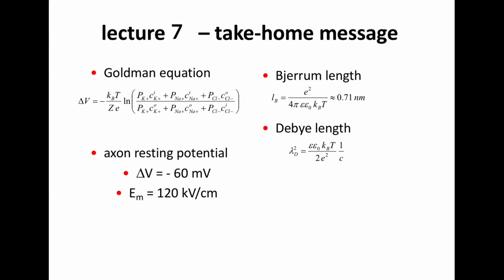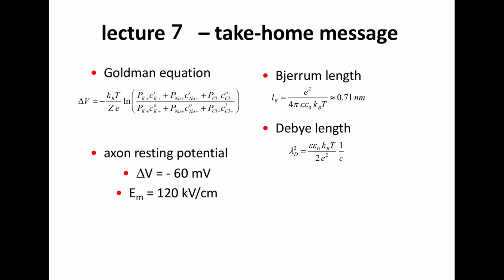The Goldman equation faithfully predicts the membrane potential of minus 60 millivolt, which we can translate into an electric field across the membrane, which is only 5 nanometer thick, of 120 kilovolt per centimeter.